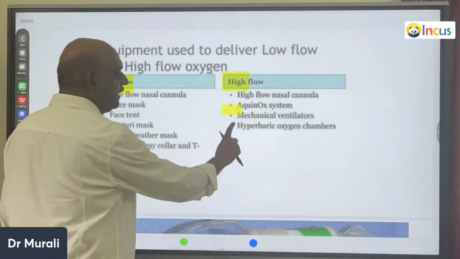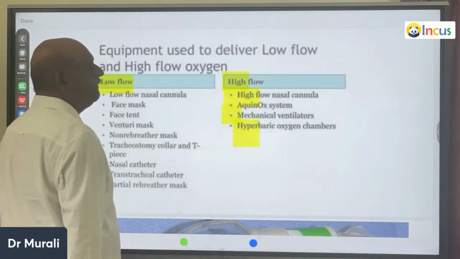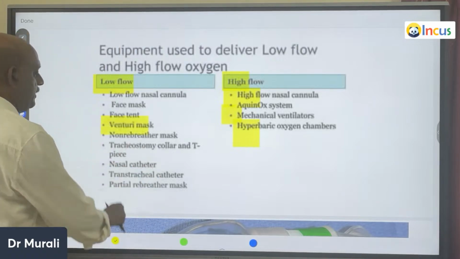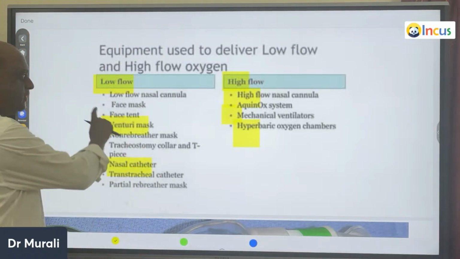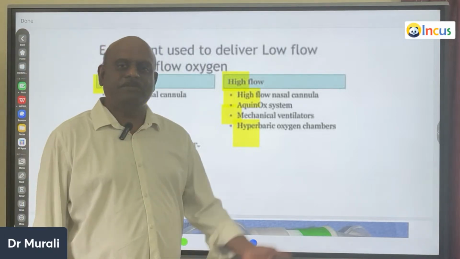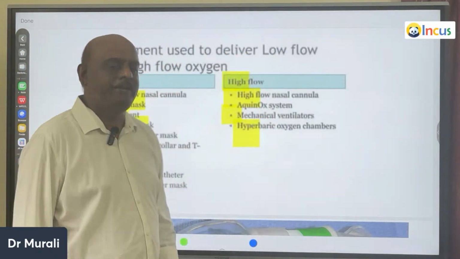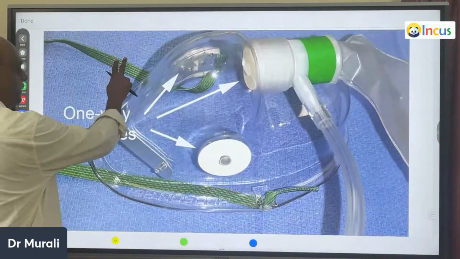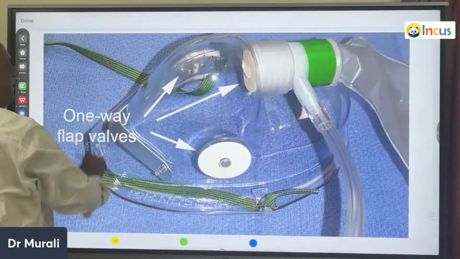Any mechanical ventilation, hyperbaric oxygen chambers, high flow nasal cannula, they are all high flow. Whereas Venturi mask, nasal catheter, face mask, low flow nasal cannula, they are all examples of low flow oxygen devices.